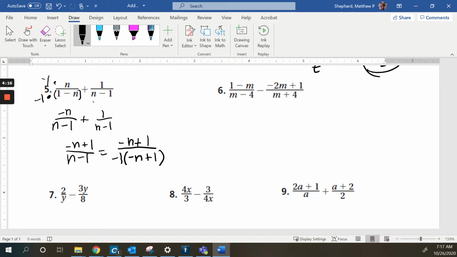Okay, and so now those are the same. So we would have a 1 over a negative 1, which is just negative 1.